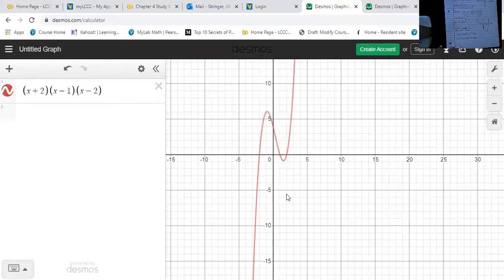All right. So that, you guys, is all I have for your sections 4.2 and 4.3. Now, I have posted in your pages, all pages, chapter 4. You have an assignment that's labeled 4.1 to 4.3 worksheet.